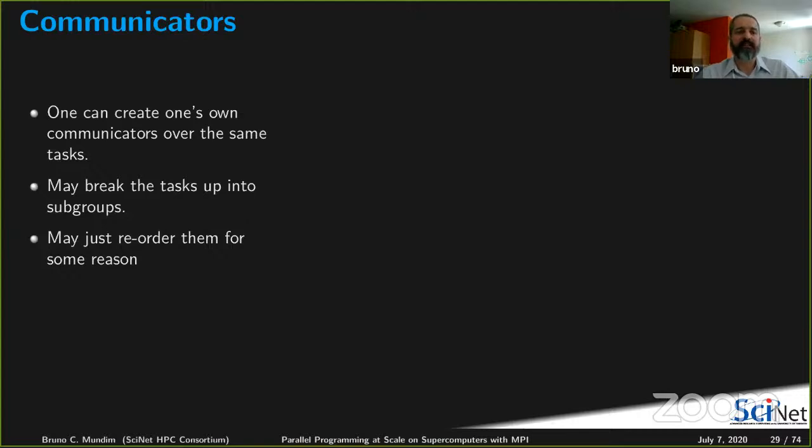Of course, you can create your own communicator over the same tasks. You may break up the tasks into subgroups. Let's say you're doing a multi-physics application, and one part of the code runs on all processes, and the other follows a particular communication pattern that doesn't need to run on all processes. You can run it on a smaller number of processes, and you might need to reorder them for some reason.